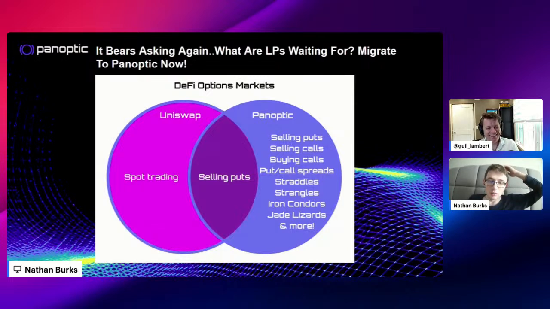With ways you can deploy your capital, and I know on the left side of that Venn diagram it says spot trading. Well, selling puts, I guess, is the overlap, but really, in principle, Uniswap is for spot trading, but it's just an incomplete options market. And that's where you see the spikiness in IV.